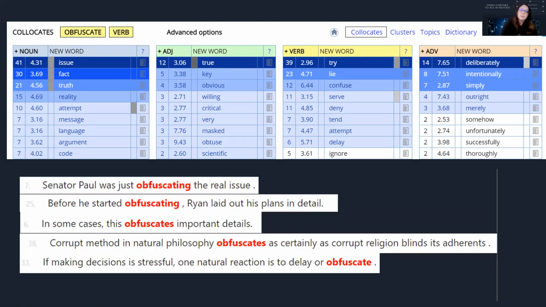For the rest of you who don't know what it means, what do you think it could mean? Okay. So one person thinks it's to obscure the meaning on purpose. Anyone else? What do you think? Intentionally avoiding the truth?